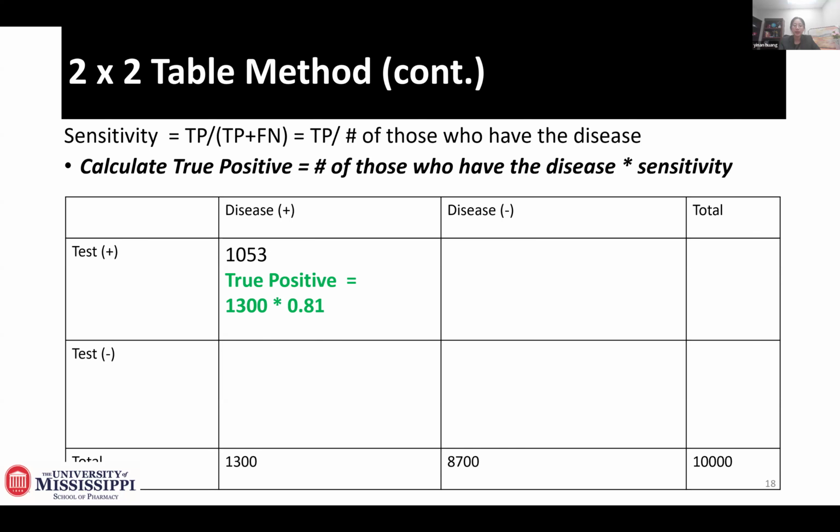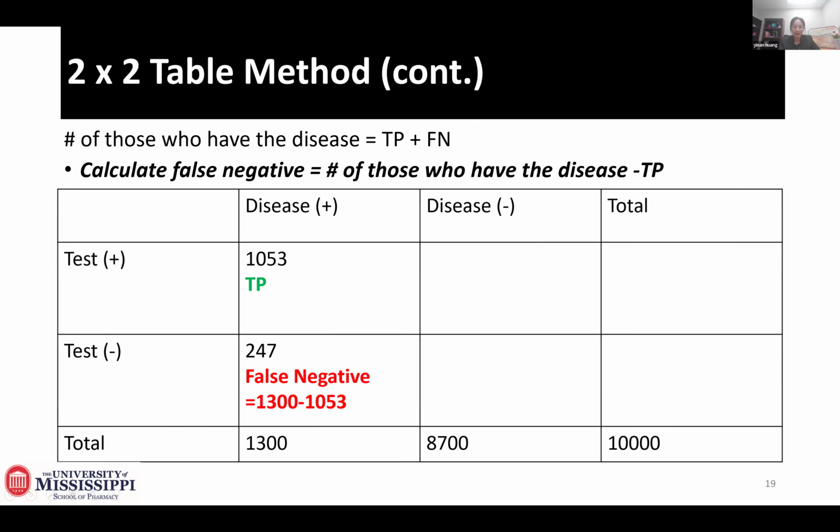The next cell we can obtain is the false negative.